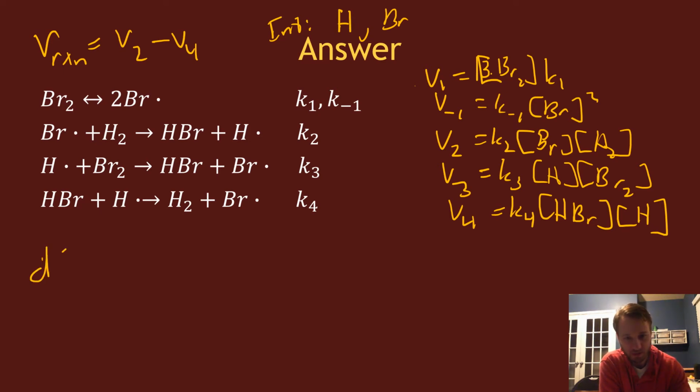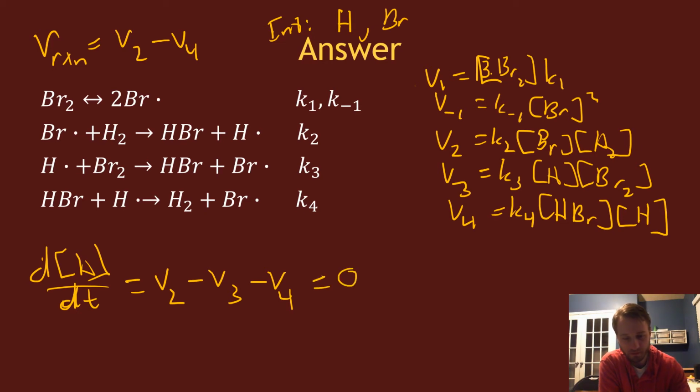So d[H]/dt: H appears in V2 as a product. It appears in the third reaction as a reactant, so minus V3, and then it appears in the fourth reaction as a reactant as well, so minus V4. That should all add up to give you 0.